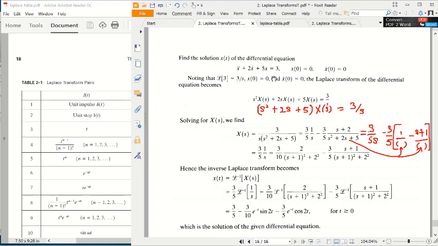So in this case, you have 3, that means a step function with the strength of 3. So in Laplace domain, it's going to be 3 divided by s.